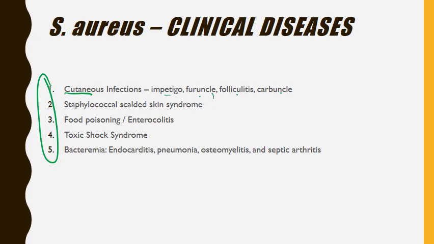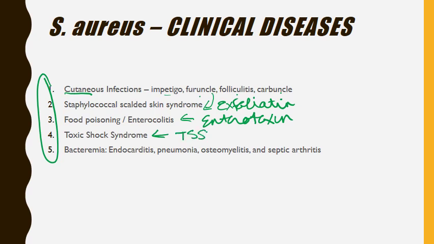You can also get more severe, and if it has that exfoliatin toxin, you can see staphylococcal scalded skin syndrome. The enterotoxins will lead to food poisoning. And toxic shock syndrome is basically the work of TSST1. So let's talk a little bit more in depth about these various toxins.